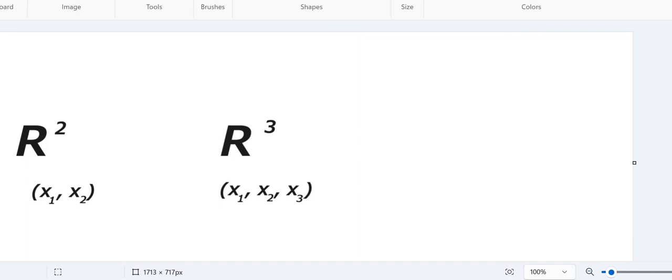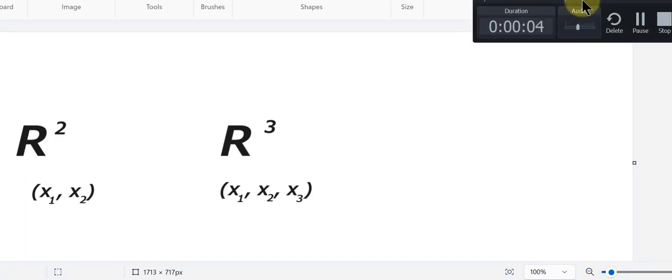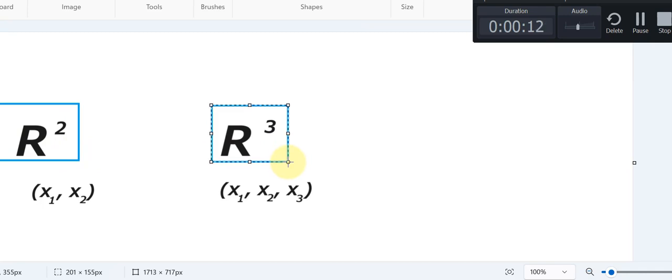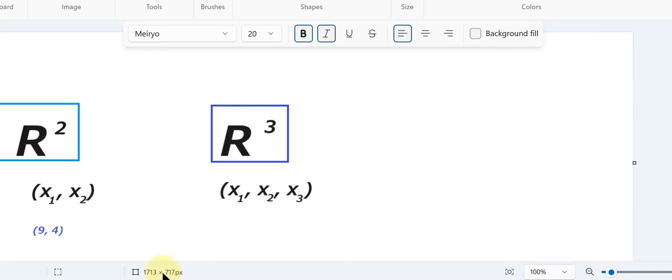Okay, just a quick reminder about these two symbols, R2 and R3. This is read R2, and this is read R3. And R2 just means the set of all ordered pairs like this, x1, x2. For example, we could have 9, 4.